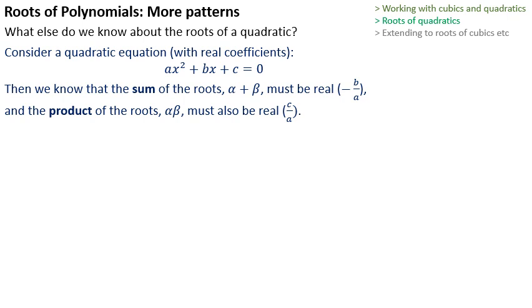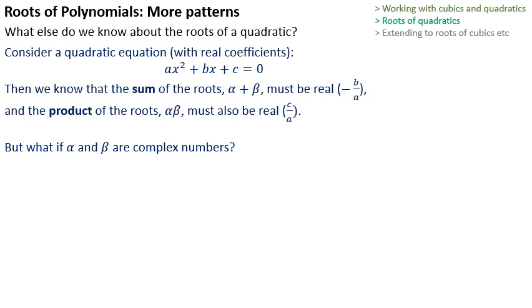We also know the product of the roots has to be real because that's C over A, and C and A are real numbers. So now we've got a bit of a conundrum. If alpha and beta are complex numbers, what makes us think they're going to add together to give a real answer? And simultaneously, they need to be able to multiply together to give a real number. Are there two complex numbers that have a real sum and a real product?